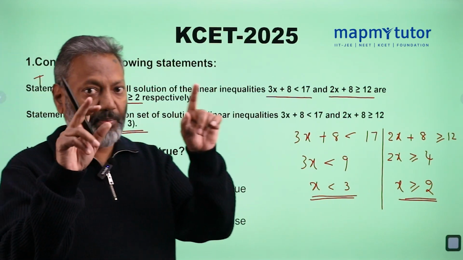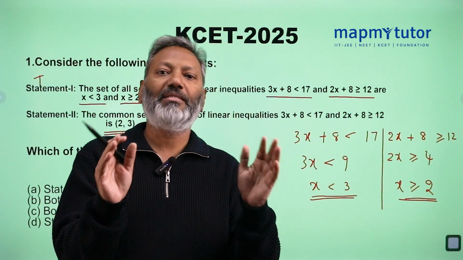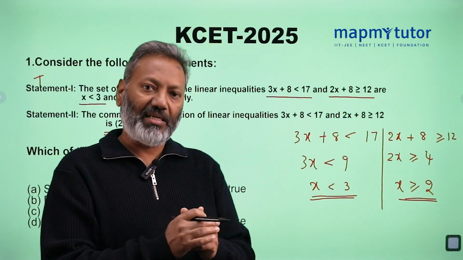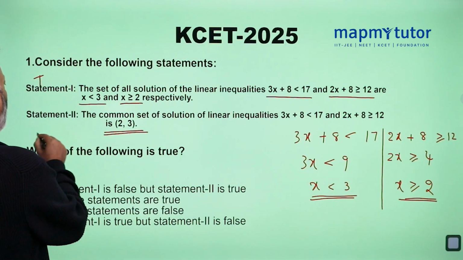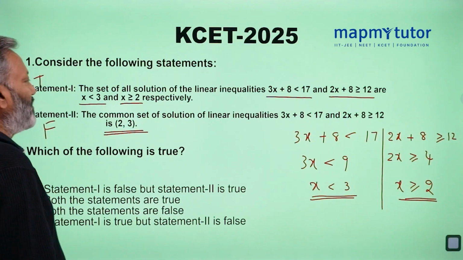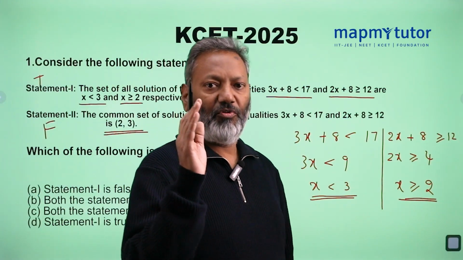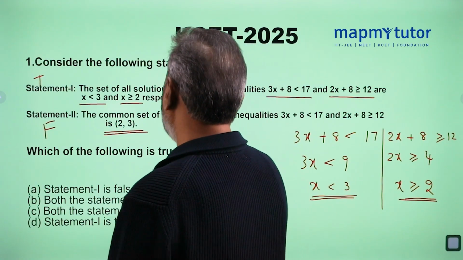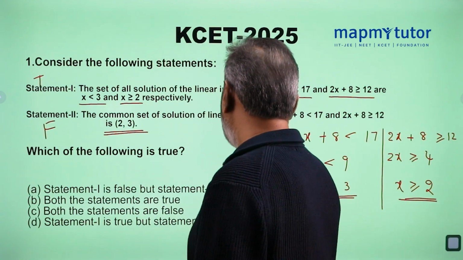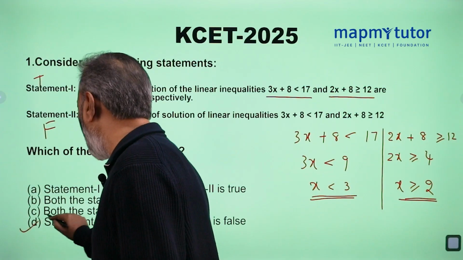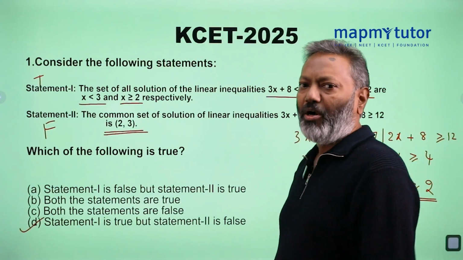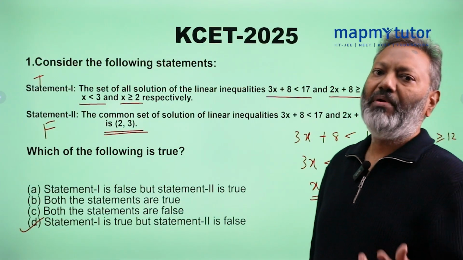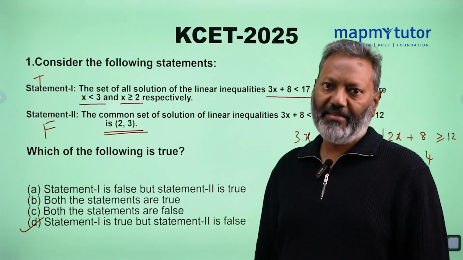You know what is meant by open interval: the endpoints are not included. That's why statement 2 is false. So, conclusion, statement 1 is true, statement 2 is false. Yes, option D. Got it? It is a simple question from linear inequalities.